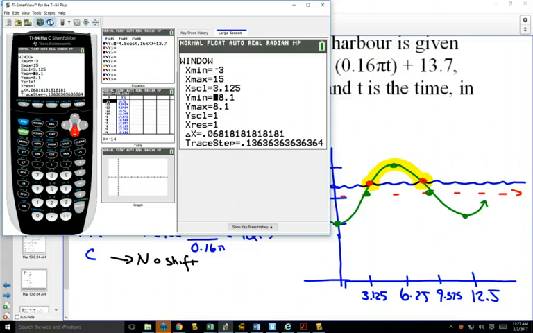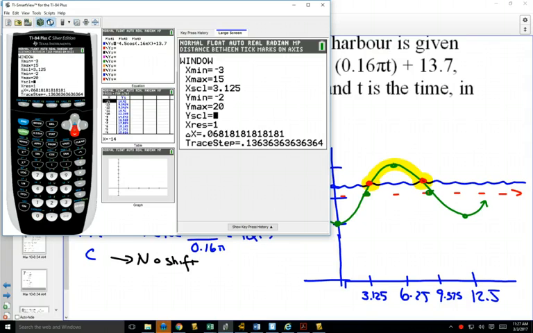For my y-min, I don't need to go much into the negatives. It's kind of nice to go a little bit into the negatives, so I might go -2, just so that you can see your x-axis. Because if you start at 0 or if you start at a positive number, you won't see that x-axis at all. But I know that the highest I went to was 18.2, so I might go up a little bit more, maybe up to 20, to see that.